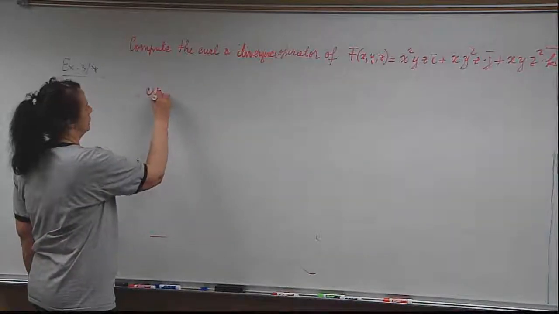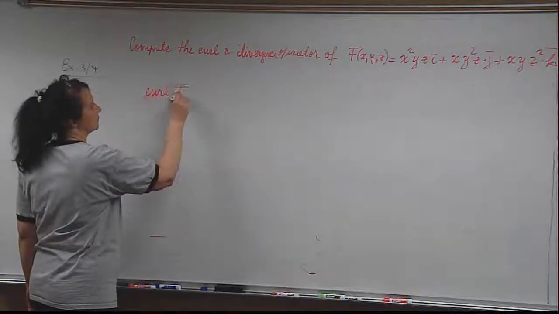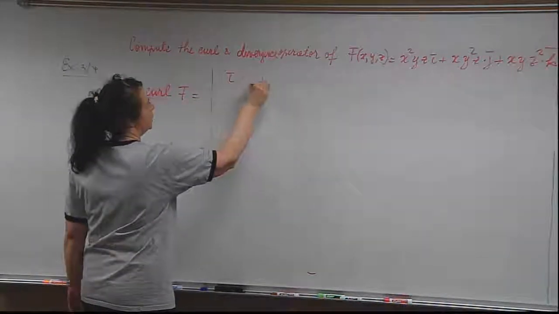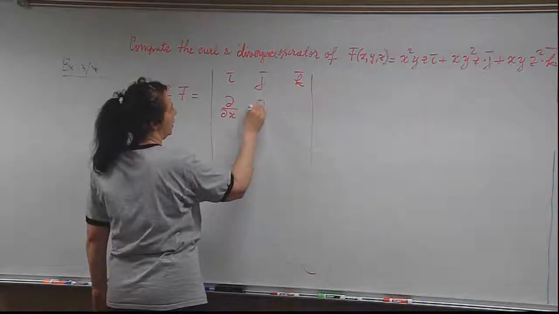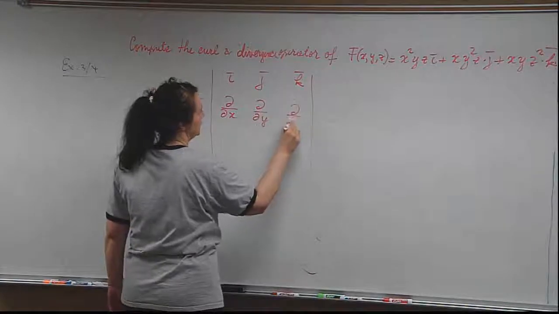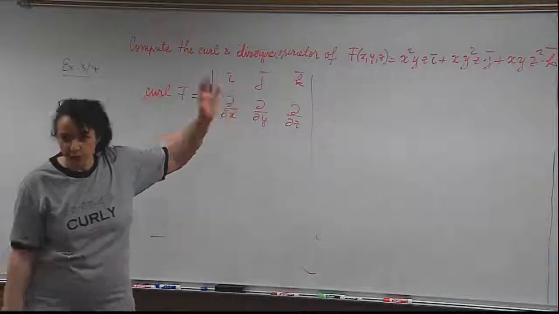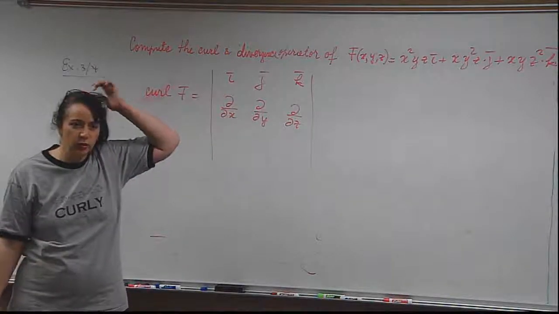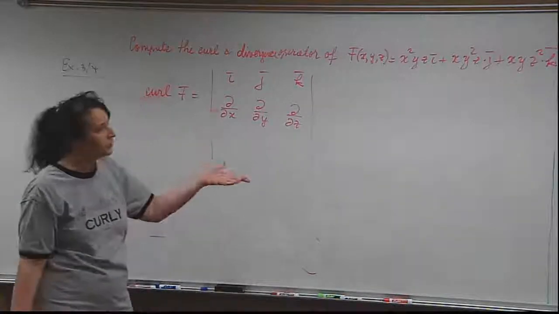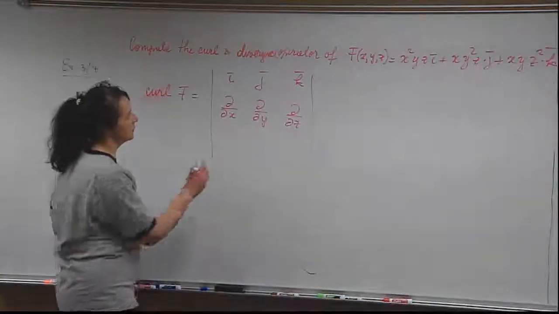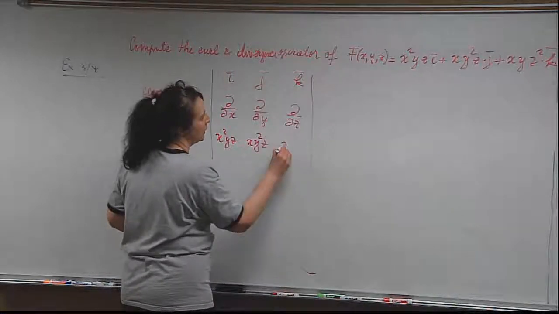let's see the curl. i, j, k, d/dx, d/dy, d/dz. Today I'm going to cook up the homework, and with all the practice that we are doing now, you should have absolutely no problem doing the homework for the first two sections, at least for today's section, 13.1. x squared yz, xy squared z, xyz squared.